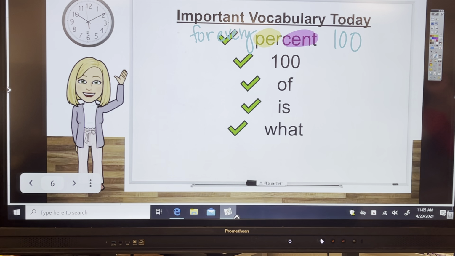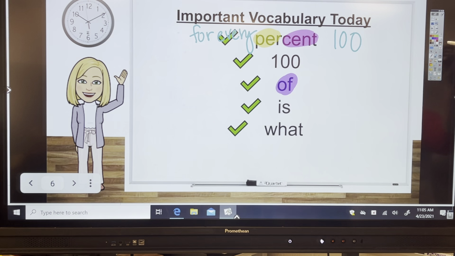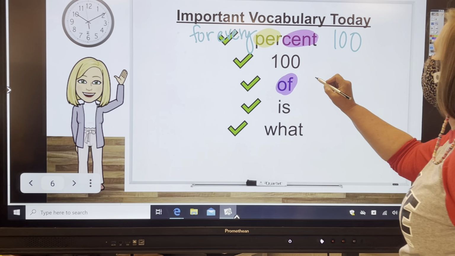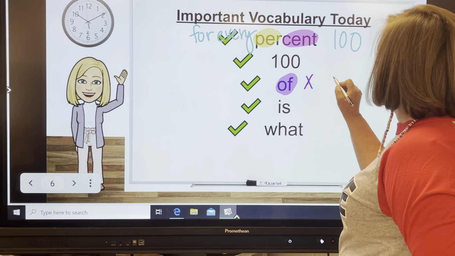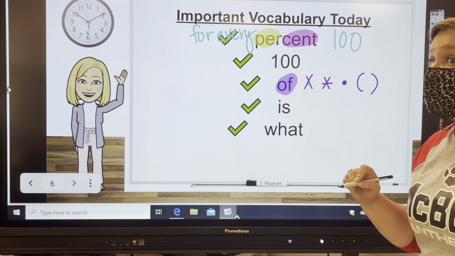Now, when we first started math this year, we talked about what the word of means in math. And we've talked about it every time we've done word problems. Who can tell me what the word of means in math? Multiplication. So we can use an X, a star, a dot, or parentheses.